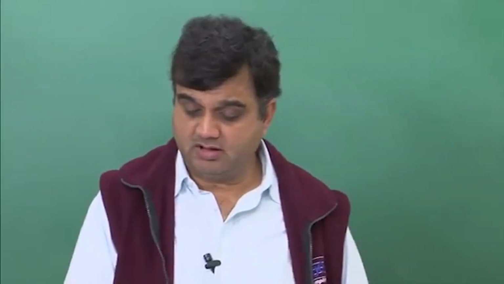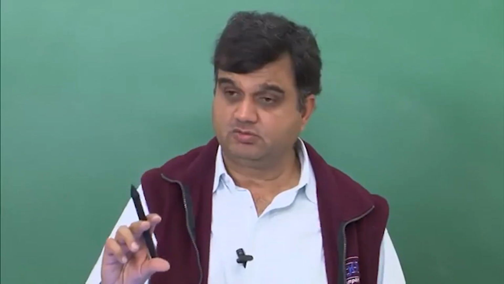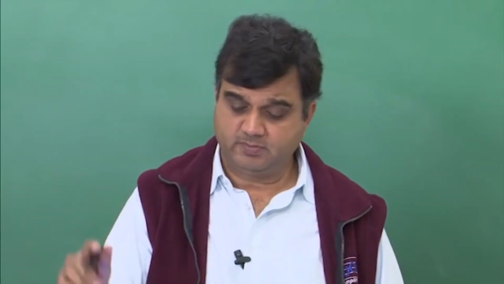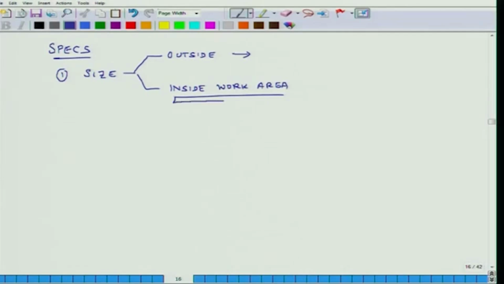So it's important to specify that my outside area within which I am going to construct my anechoic chamber is going to be A times B times C, and my inside area, which is driven by my requirement, is going to be E times F times G. So you have to make these specifications very clearly. The second thing you have to worry about is the size of the door you want.